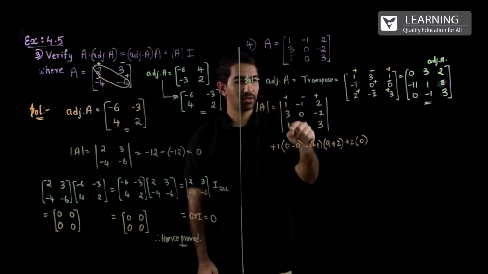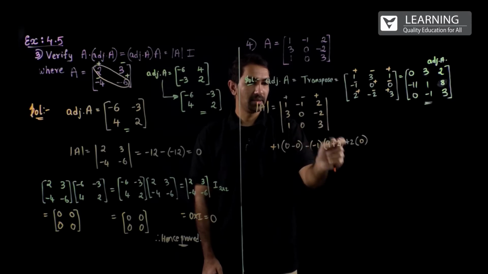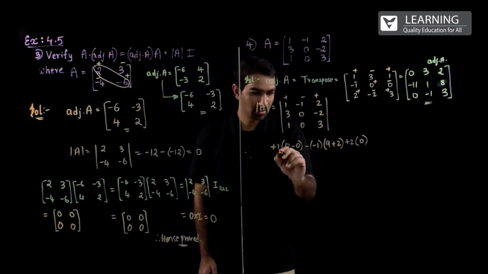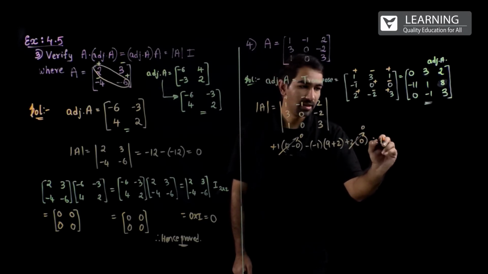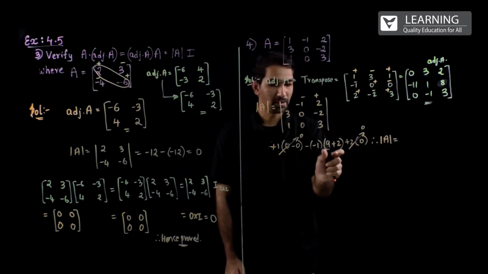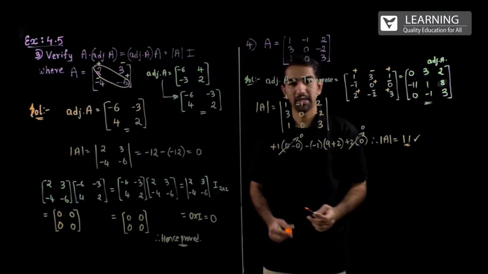Plus 2 of 0 is also 0, and minus into minus 1, 3 3s is 9, plus 2 is 11. So this is becoming 0, this is also becoming 0, therefore determinant of A will be equal to minus into minus is plus, plus 1 into 11, which is 11 only. So this is the determinant of A.